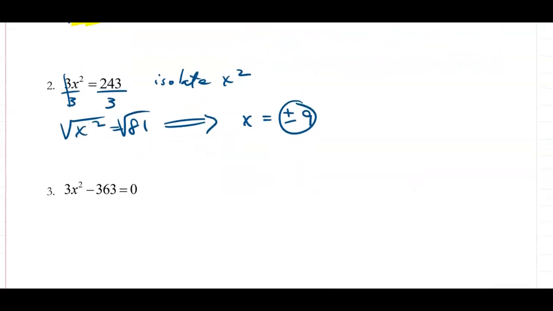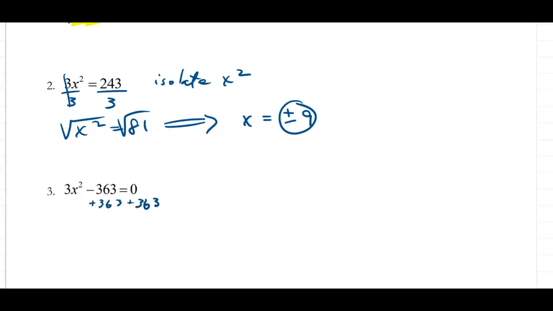As you can see, these problems are getting slightly more challenging each time, and it will go that way this whole lesson. So in number 3, we've got 3x squared minus 363 is 0. And the first thing we want to do is start isolating the x squared term. So we're going to add 363 to each side.